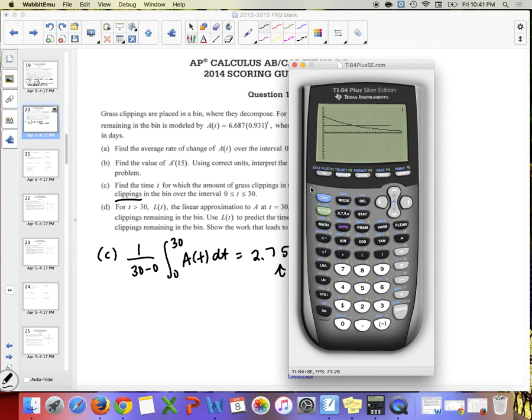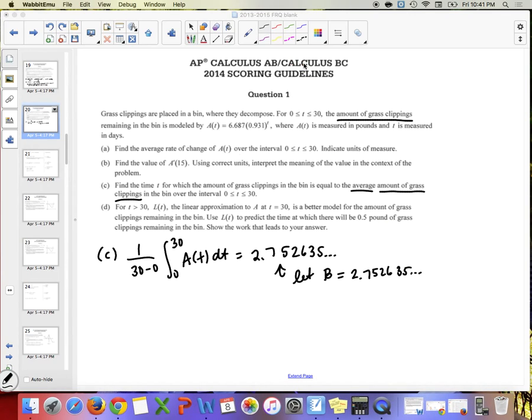All right, so when I do second trace intersect, I end up getting an intersection point of 12.415, or 12.414 if you truncate. So that's the value for t, and that's exactly what I want. So I need to show that I've done this in my calculator.